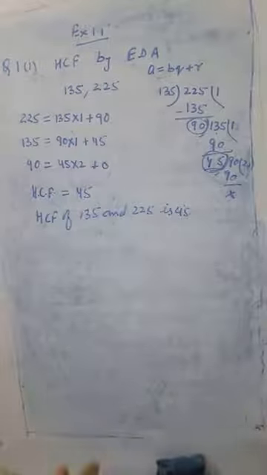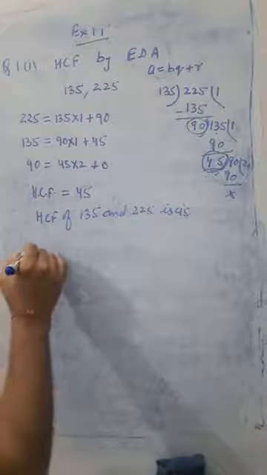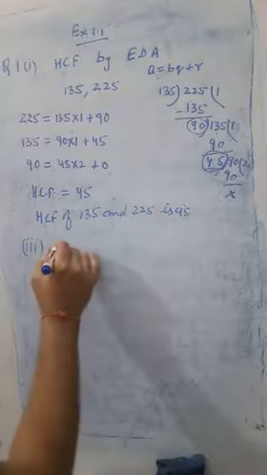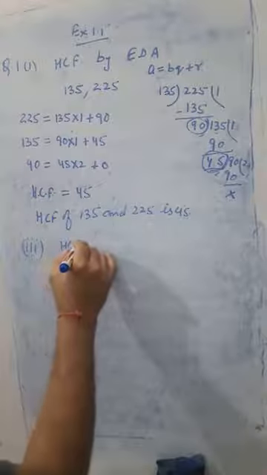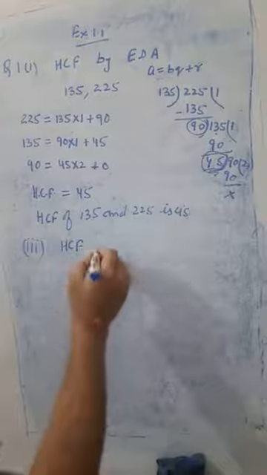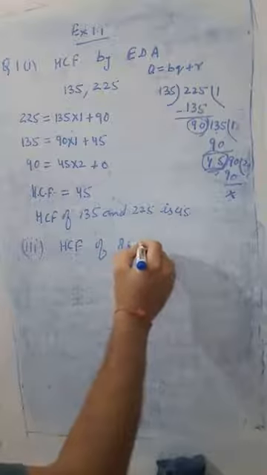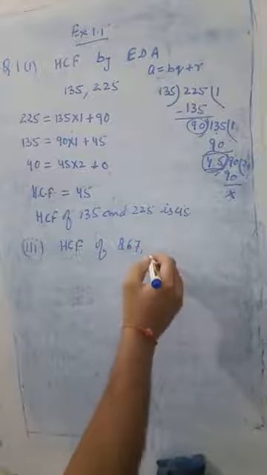And the third part is similarly we have to find HCF of 867 and 255.